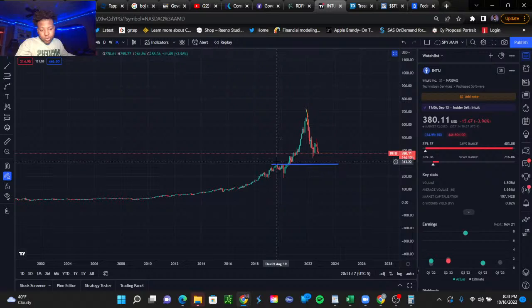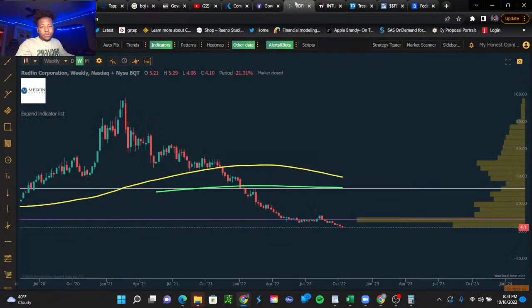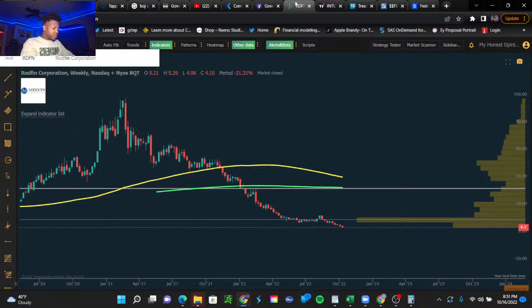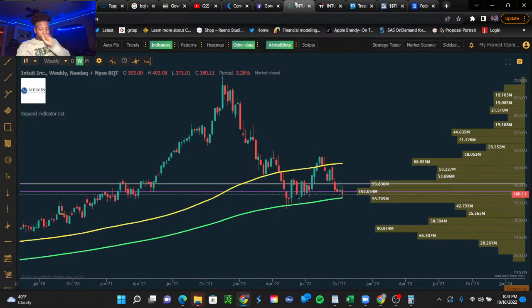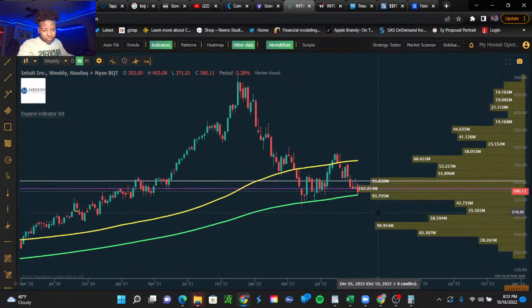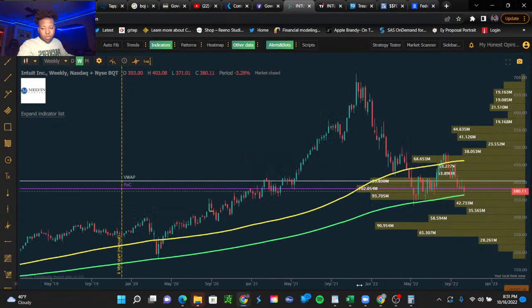You get me back to these 2018 levels, 280, I'm a buyer. It looks like it wants to break down, about 280. That lines right up. Got a demand zone right here. It's a lot of wipeout.